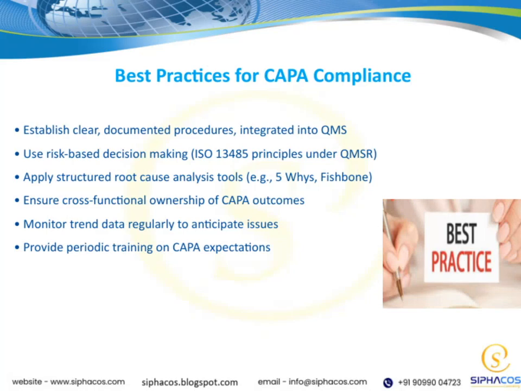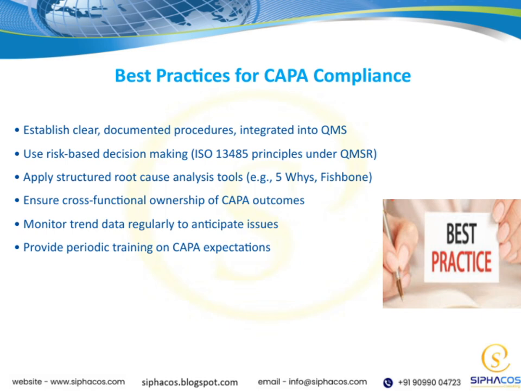When it comes to best practices for CAPA compliance, the first key point is to establish clear and well-documented procedures that are integrated into your quality management system. This helps ensure consistency and clarity throughout the process. Next, it's crucial to adopt a risk-based decision-making approach, aligning with ISO 13485 principles under QMSR.